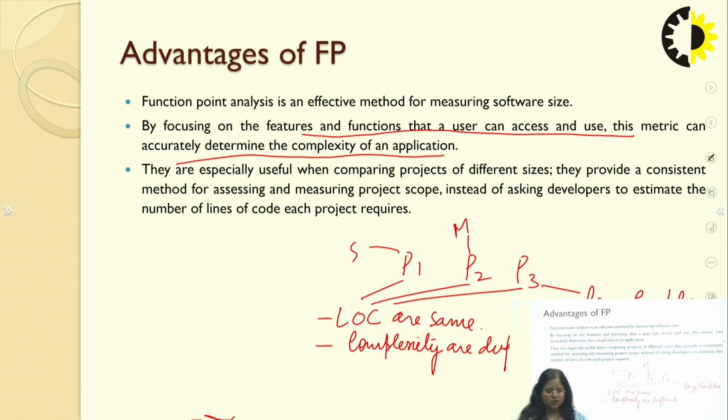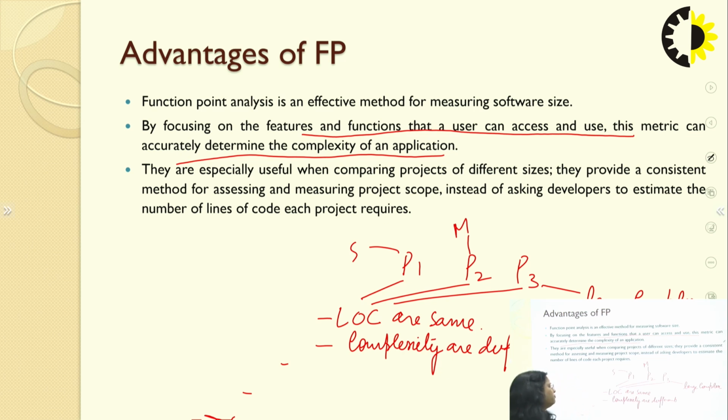The lines of code are the same, but the complexity is different. If we use other metrics for calculating the size of the software, they give the same result. They consider all these three projects of the same category.